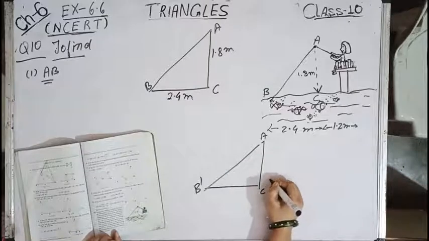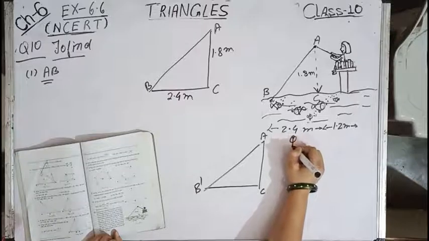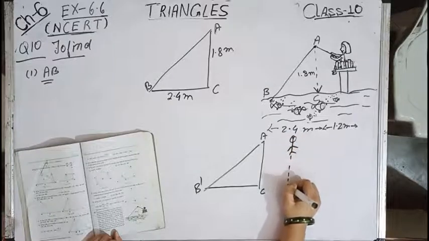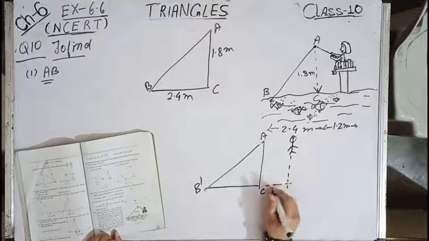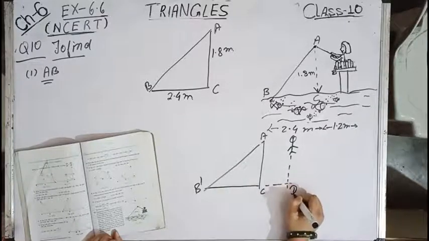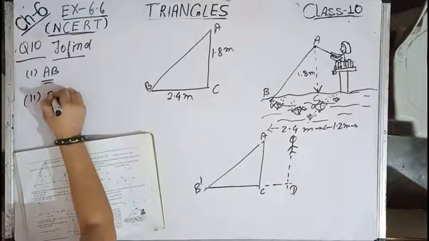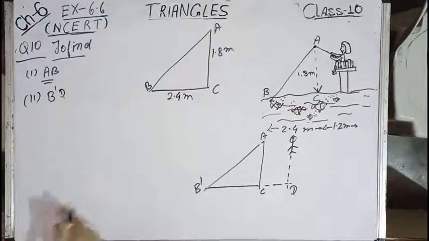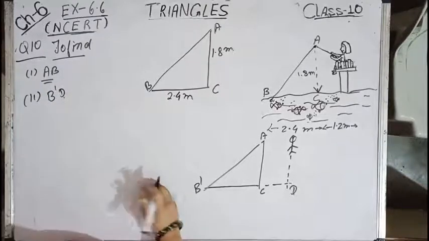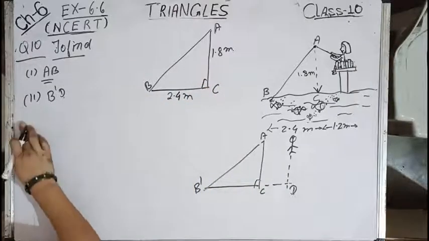So if I mark over here the position of Nazima, suppose this position is A, B, C, let us say D, then we have to calculate B dash D as well. In the second condition we have to find B dash D. So let us first calculate the first condition. Solution.